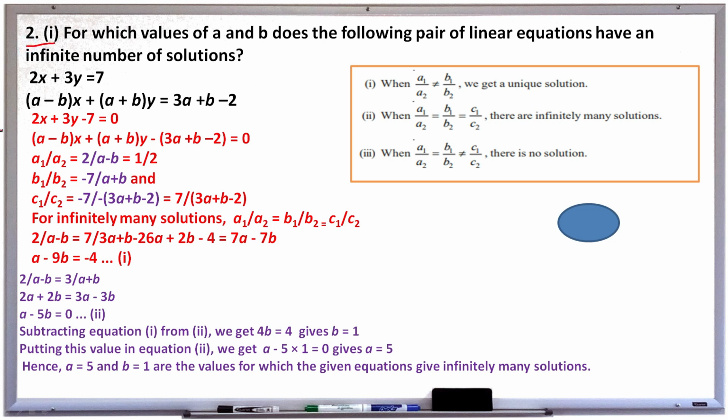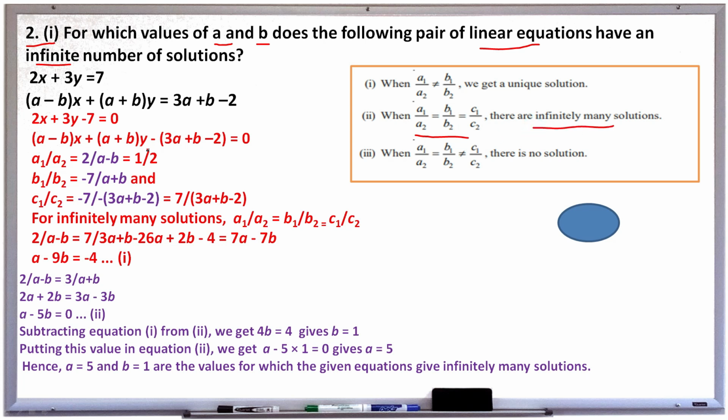Question number 2, 1. For which value of a and b does the pair of linear equations have an infinite number of solutions? Infinite number of solutions means a1 by a2 is equal to b1 by b2 is equal to c1 by c2.